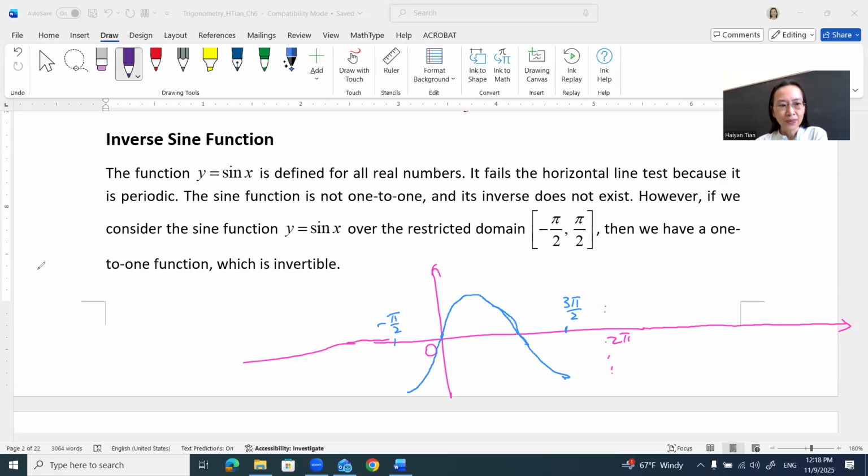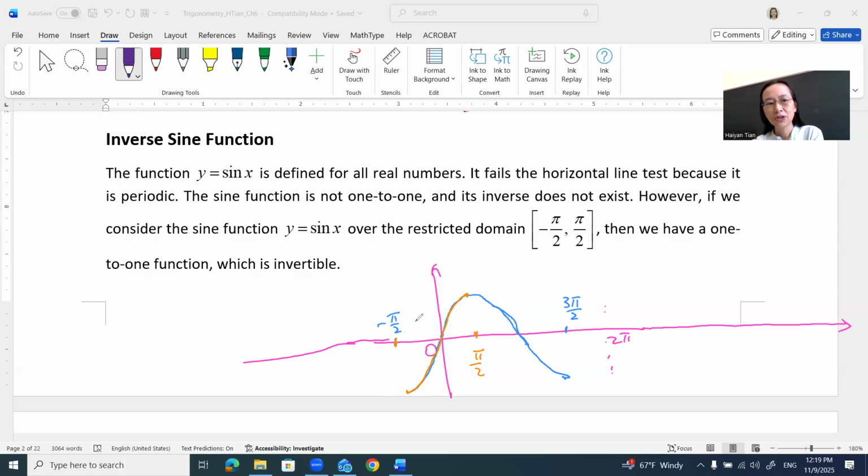So let's only consider this portion of the interval, from negative half of pi to positive half of pi. You see the graph is strictly increasing from -1 to +1.